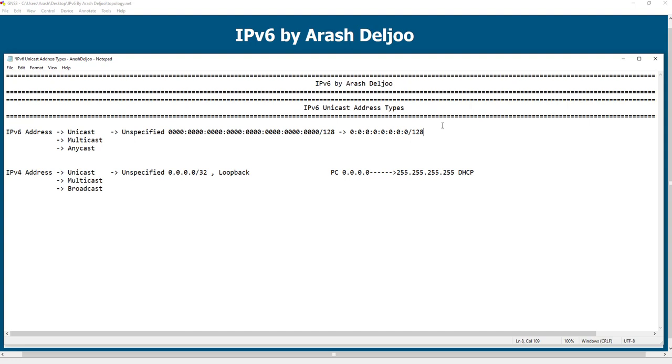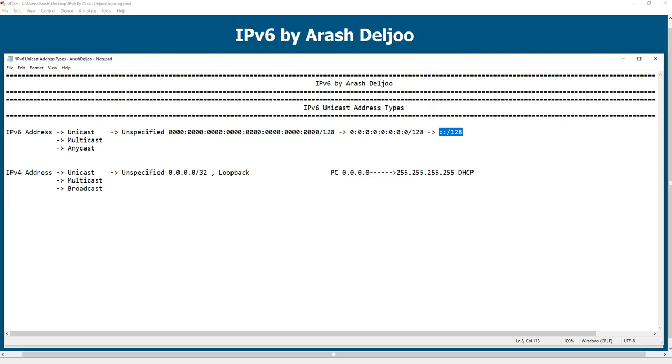We have a smaller form of this IPv6 address, and also we can compress this IP to a double colon. You know that we can omit all of the zeros and use a double colon. Now we have ::/128. This means that this is the unspecified IPv6 unicast address, and we can use it in special cases. For example, we can use it as a source address, and this indicates the absence of an IPv6 address.